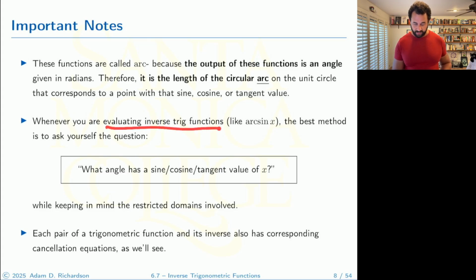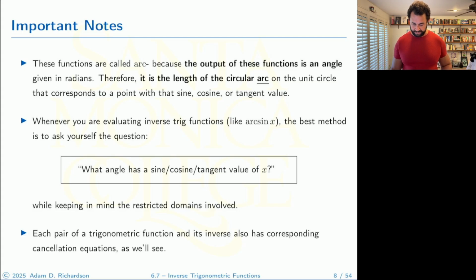Whenever you're evaluating an inverse trig function, maybe something like arcsine, the best method is to ask yourself this question: what angle has a sine of x? Or what angle has a cosine of x? Or what angle has a tangent value of x? So you're working backward. You're asking yourself, what angle would give me that result that I have? And once you figure out that angle, that is the answer. That is the evaluation of the inverse trig function.